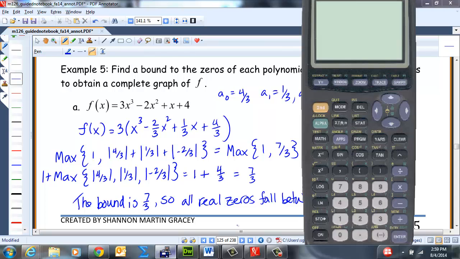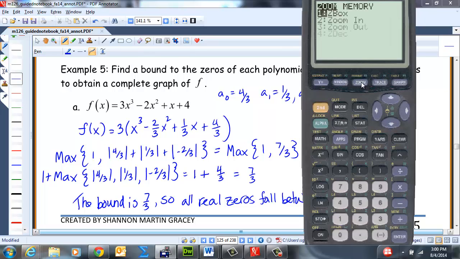So if I go here and go to my graph and go to y equals, and then I'll just clear it out. So we have 3 times x cubed minus 2 times x squared plus x plus 4.